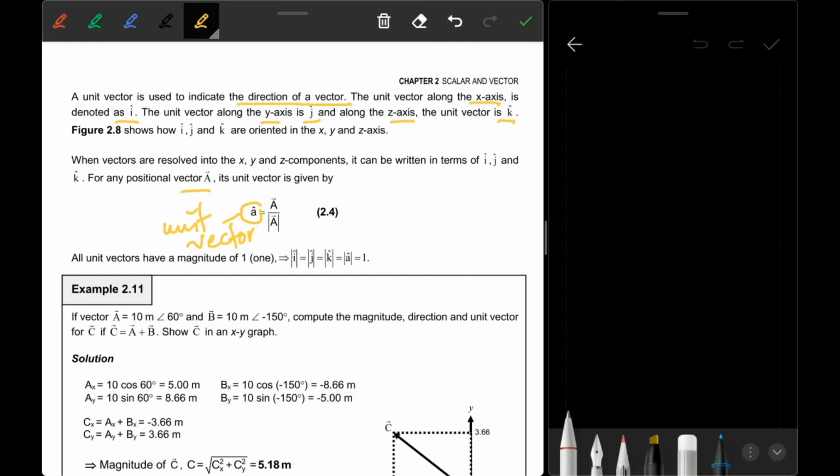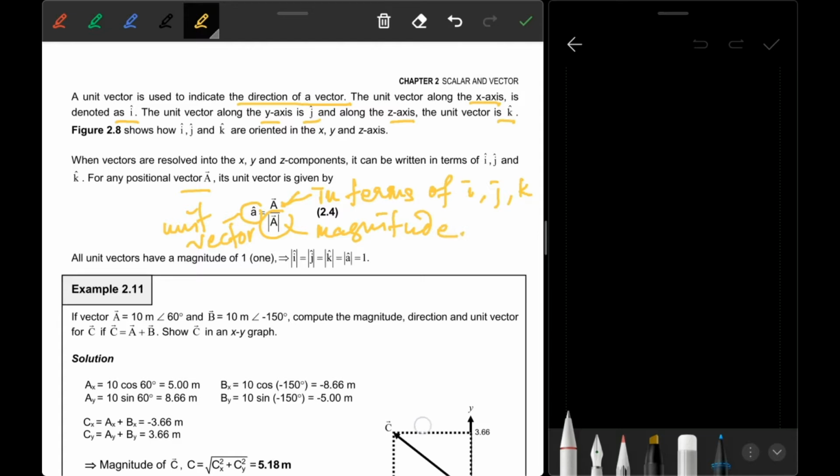Unit vector A is equal to, A cap means unit vector, and then vector A, where vector A is in terms of i, j, and k. That means you write the vector in terms of i, j, and k. And then what is this one? This one is the magnitude of vector A.